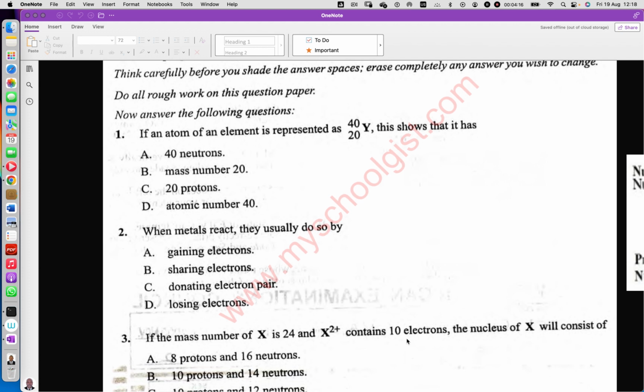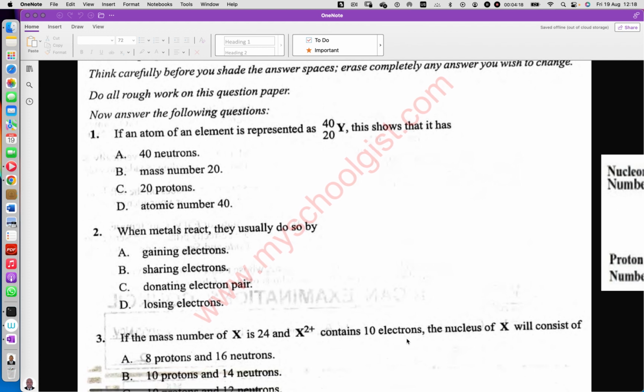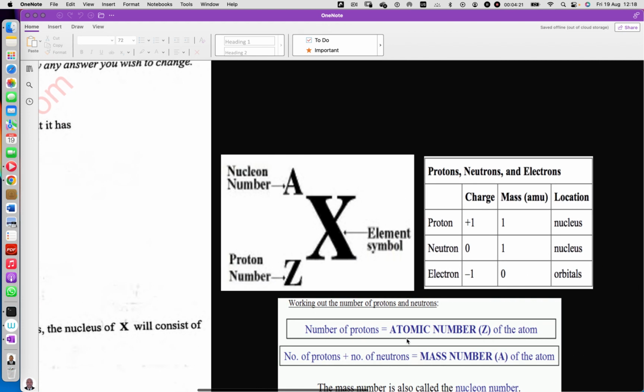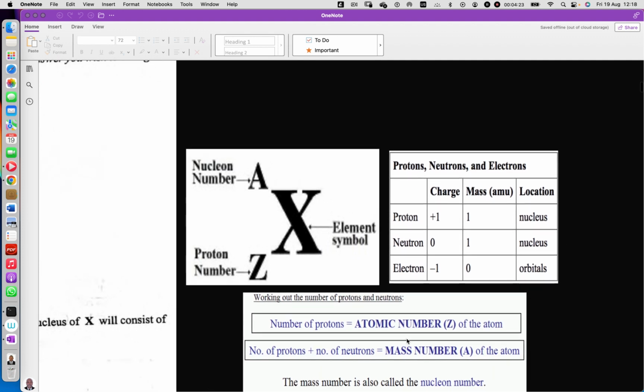Fellow learners, for the purpose of revision, have this. Remember that if an element X has the mass number, or what we call the nucleon number, A, it has a proton number Z, which is also called the atomic number.